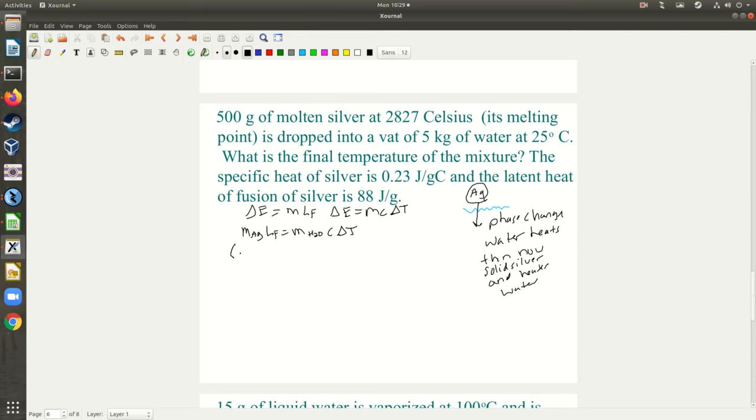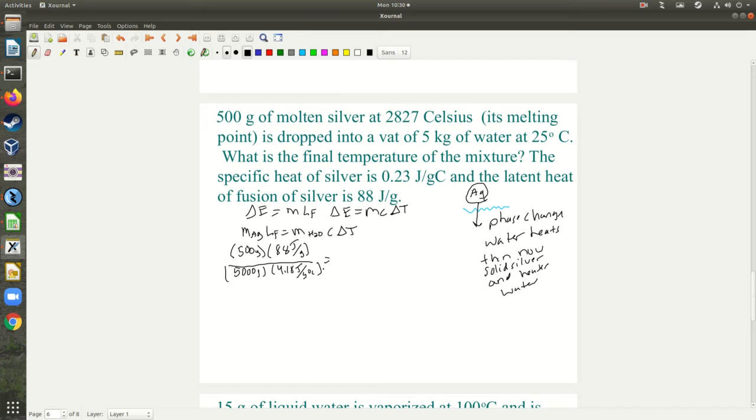So I'll take the mass of my silver, 500, times the latent heat of fusion of silver, that's 88. Divide that by the mass of my water, 5,000, quite a bit of water, and its specific heat of 4.18.